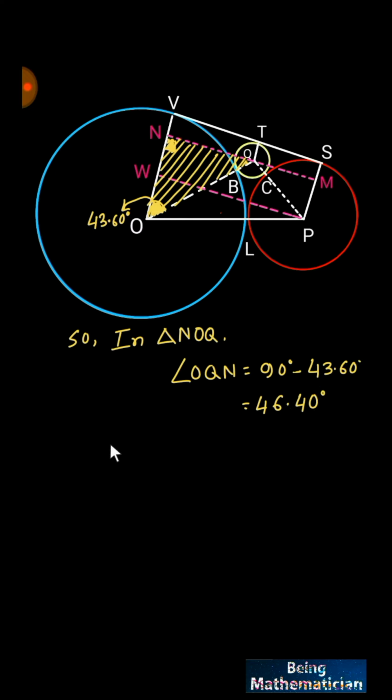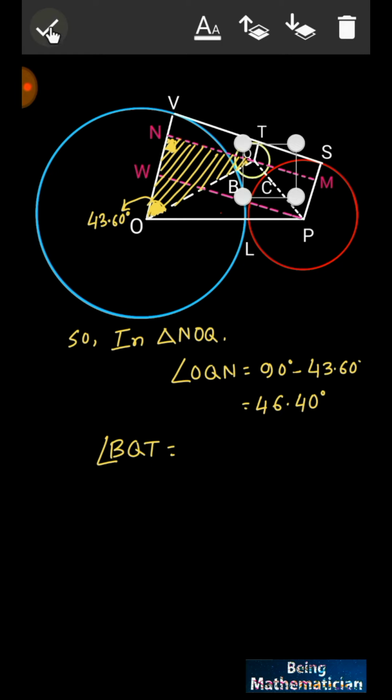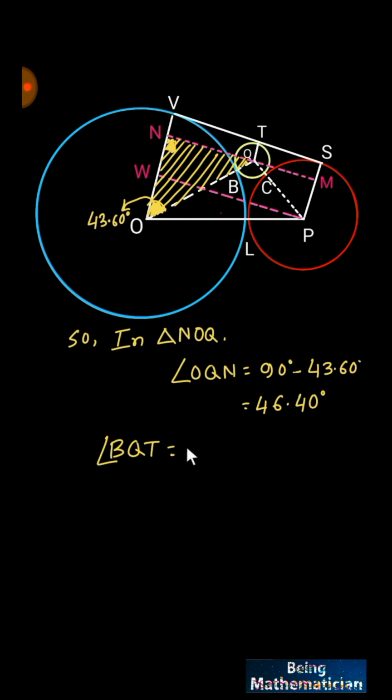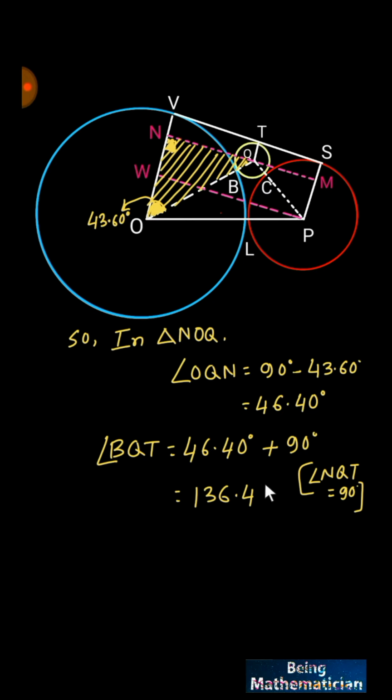So, now we have angle BQT, and that is this angle, is 46.40 degree plus 90 degree, since NQT is 90. So it must be 136.4 degree.